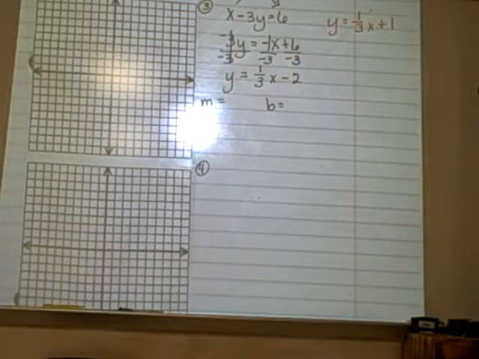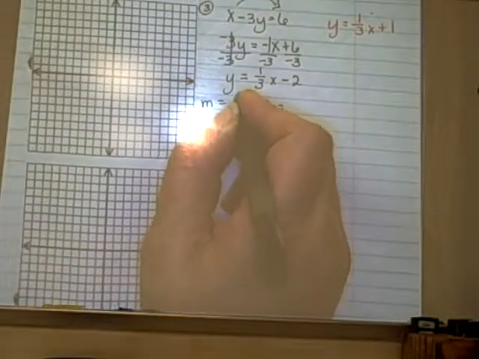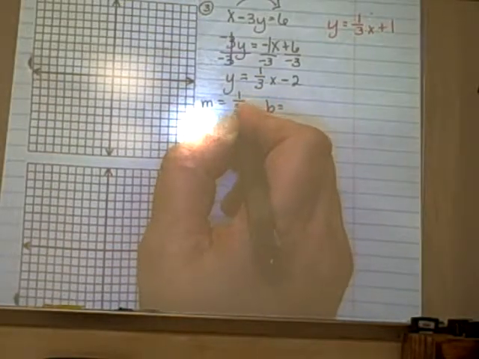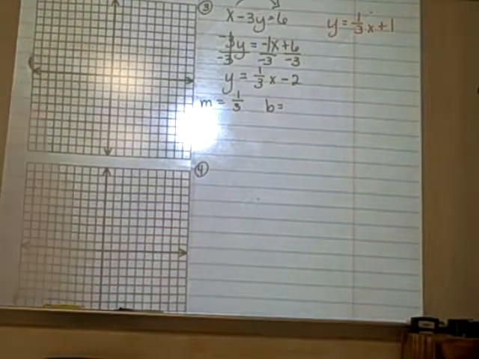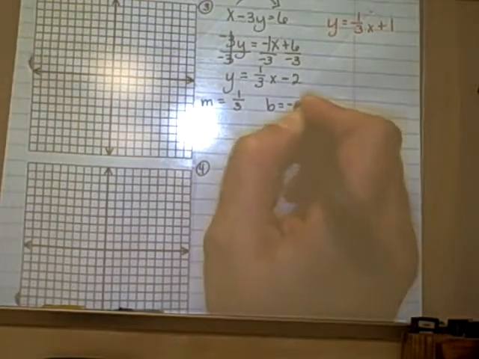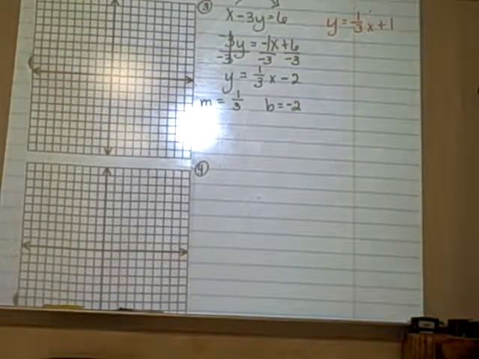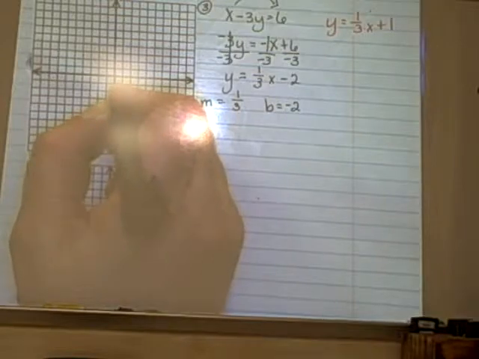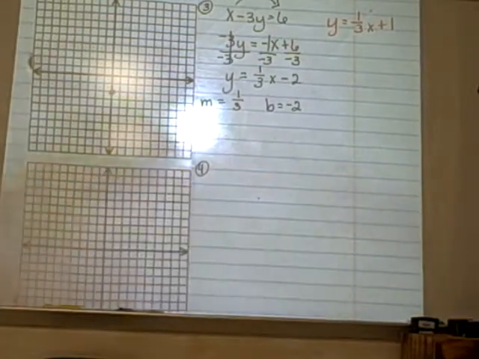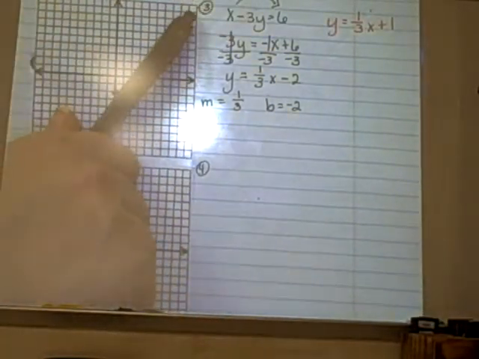So for that line, what's my slope? 1/3. And what's my y-intercept? Negative 2. So it starts at the negative 2. Your beginning point is negative 2. Put a dot there. It's a positive slope, so it's going to lean this way.